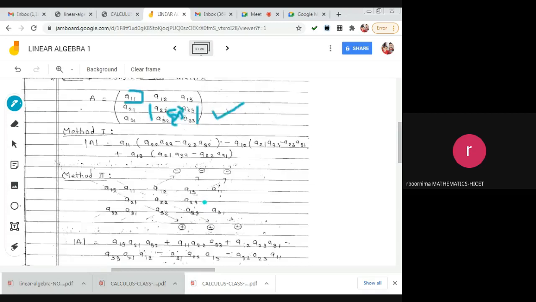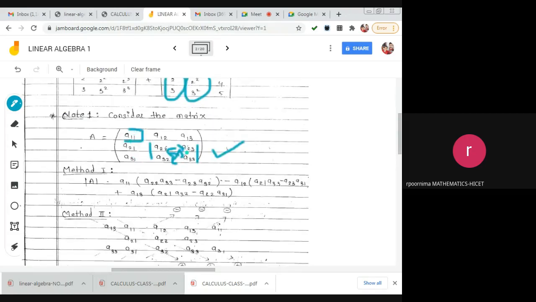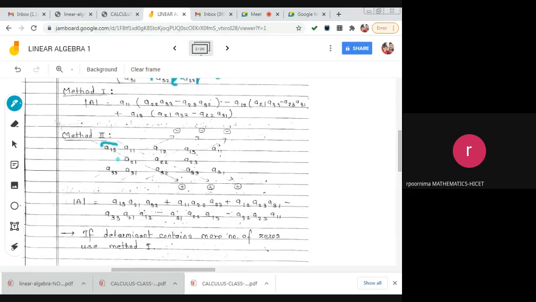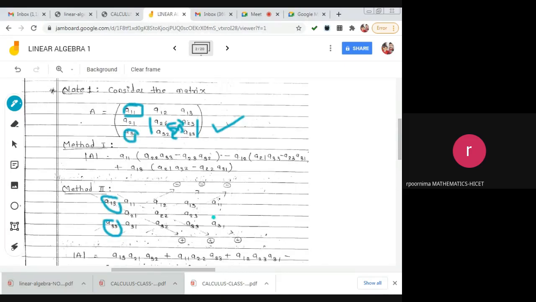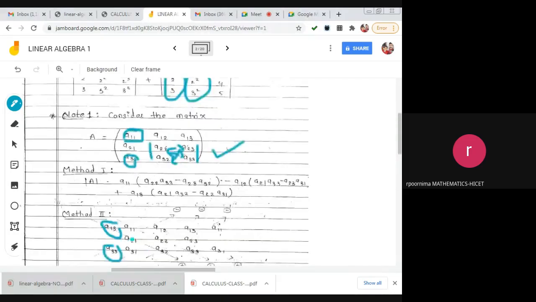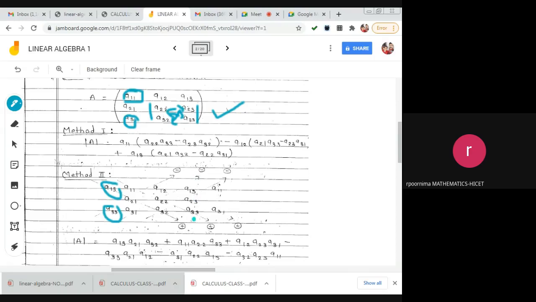For method 2, first you write the A13 and A33 positions. Consider the matrix form with A13 and A33. The last two values you write are A11 and A31. In between you write the matrix column-wise: A11, A21, A31, then A12, A22, A32, then A13, A23, A33.